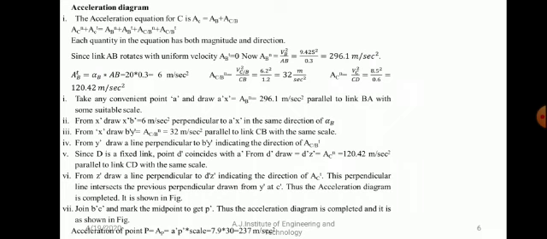Now, ATB can be calculated as alpha B into AB. Alpha is given as 20, and 0.3, which gives 6 meter per second square. ANCB is equal to VCB square divided by CB. ANCB.